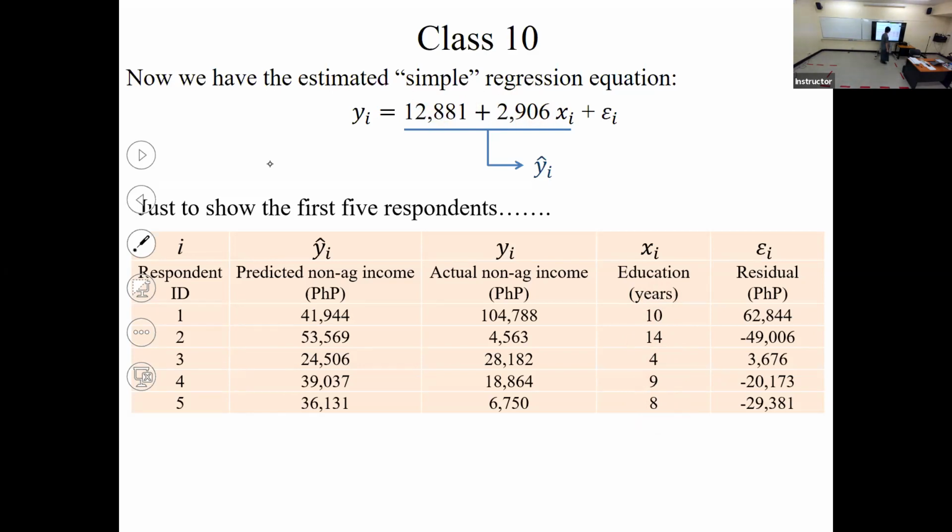Then, for example, what if years of schooling was 7 years? What would the non-agricultural income be based on the coefficients? That is something you can calculate. You just insert the X number here.